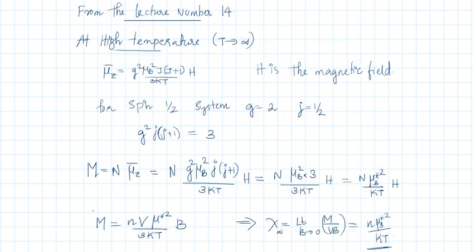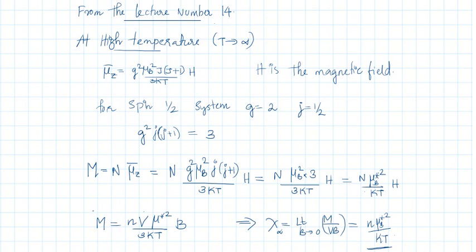Now, from lecture number 14, we know that at a high temperature, as T tends to infinity, μ_z average is g²μ_B² j(j+1) divided by 3kT into H, where H is the magnetic field. And for a spin half system, this Landé factor is 2 and j is equal to half. So g² j(j+1) becomes 3.